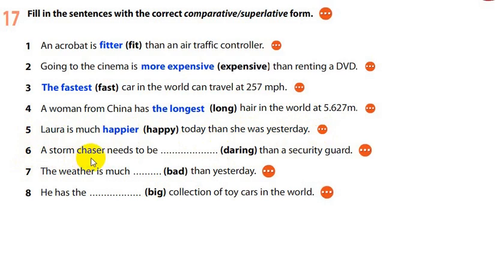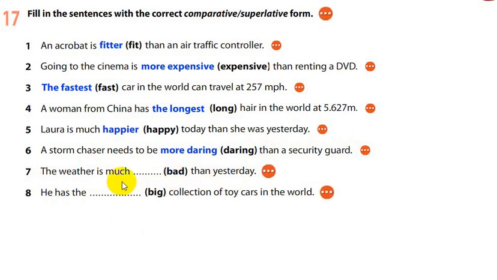A storm chaser needs to be more daring than a security guard. Daring, we can't use the ending, so we use more daring, the comparative form for long words. The weather is much worse than yesterday. Remember this word: bad, worse.